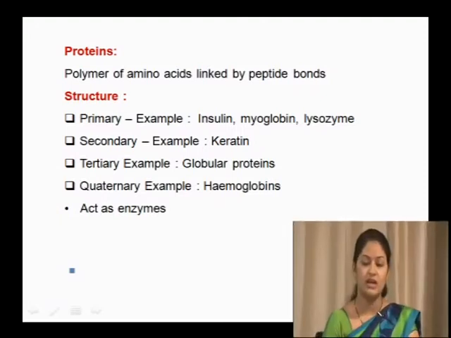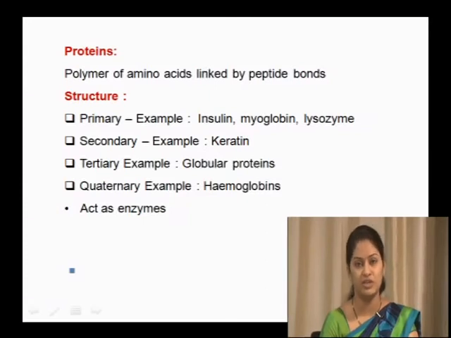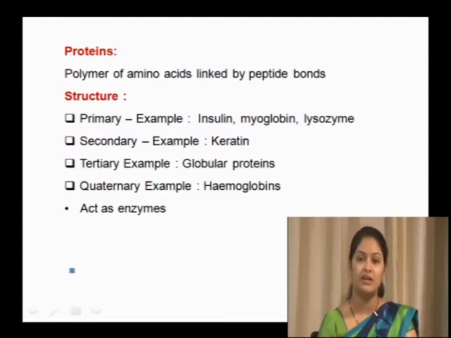In secondary structure, the polypeptide chain is coiled or shows a helical structure. You can include keratin here, the very basic protein we have in our hair, nails, or that animals have in their hooves.